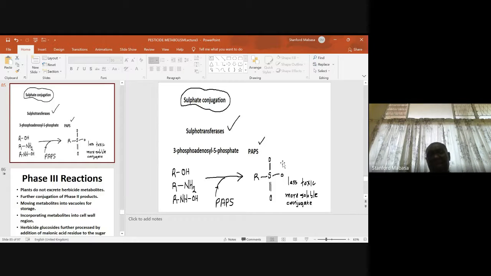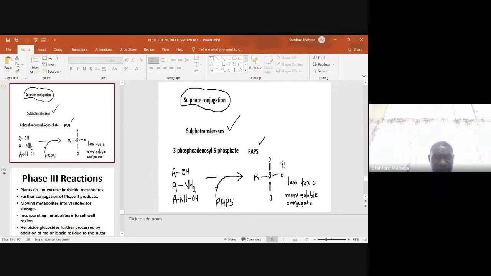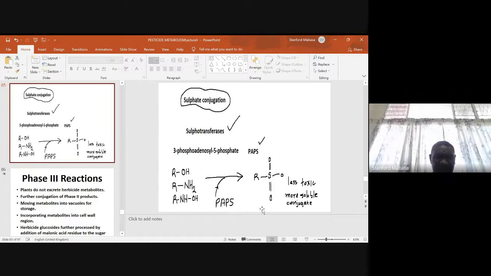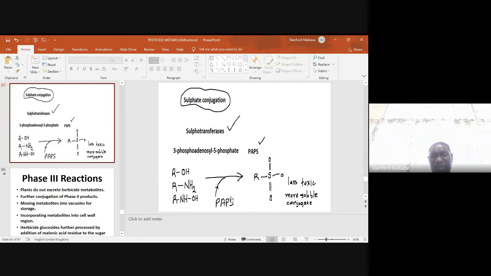Here I've got sulfate conjugates, where we have this structure. So the sulfate can combine with the sulfate donor, which is known as PAPS in short, 3-phosphoadenosine 5-phosphosulfate, or just call it PAPS in short.